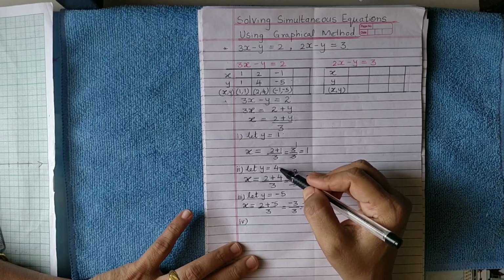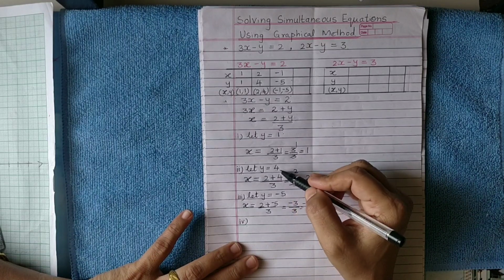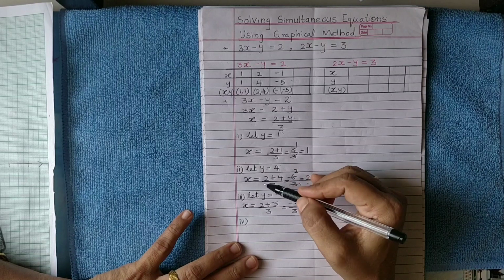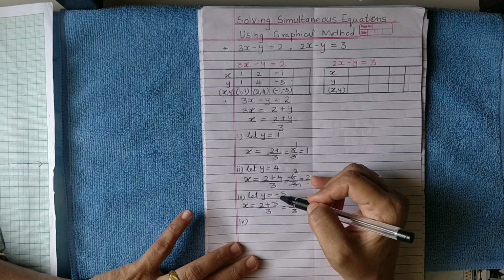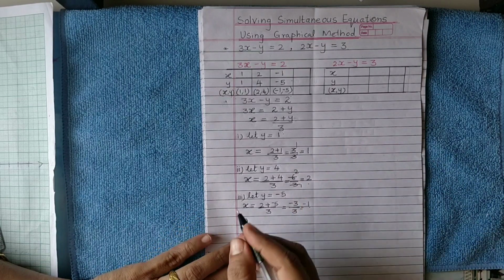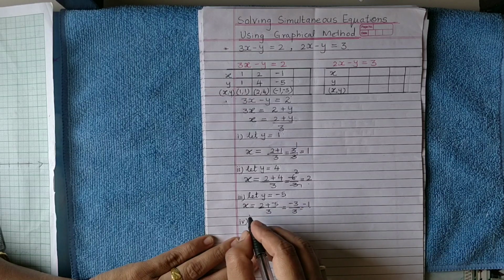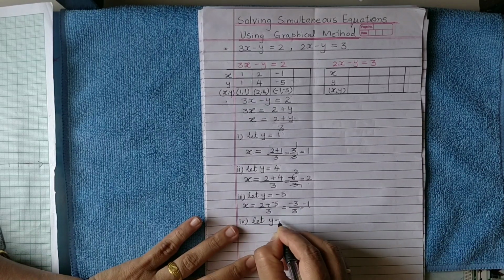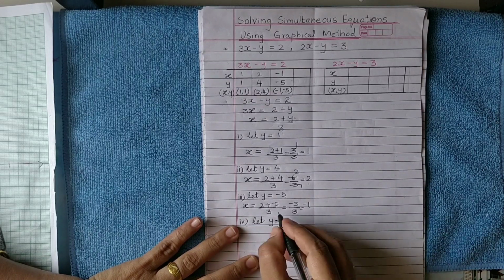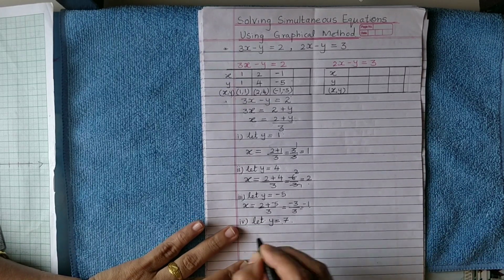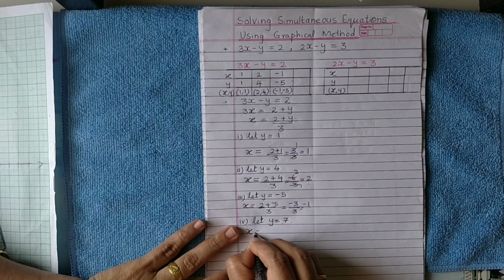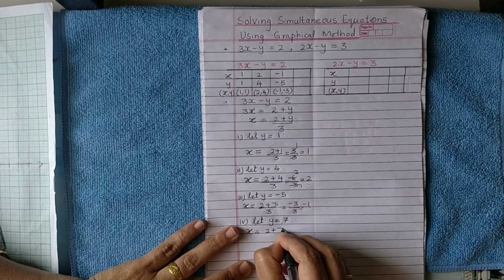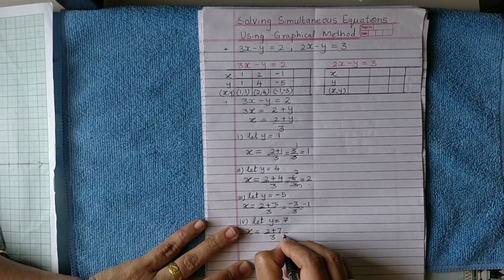If you take y is equal to plus 7, that will also do. 7 plus 2, 9, divided by 3. Anyway, negative or even positive, you can go for that. So I will take a positive value. Let y is equal to 7. So x is equal to (2 plus 7) upon 3.